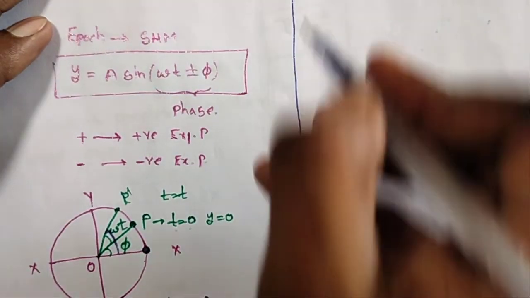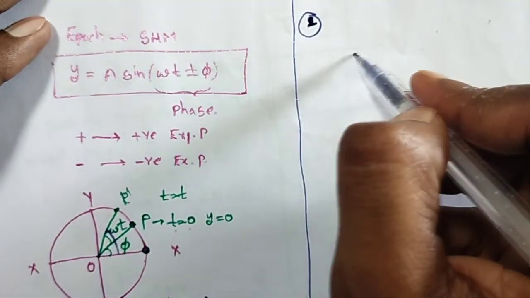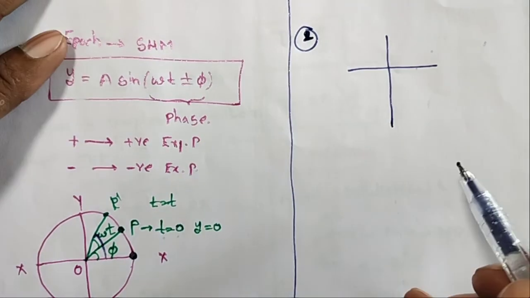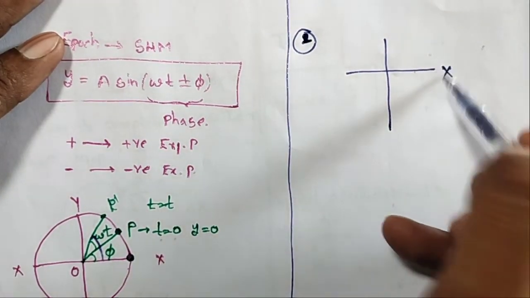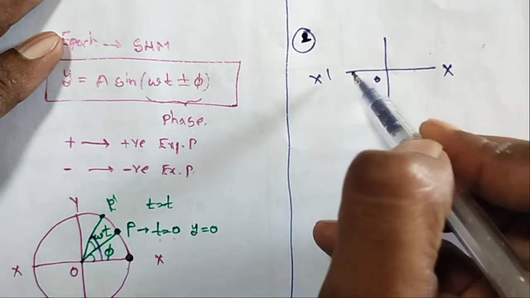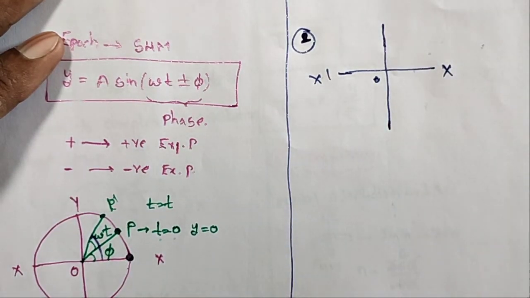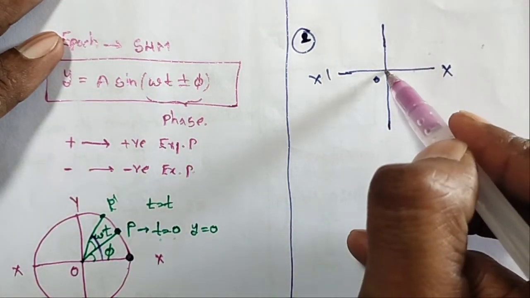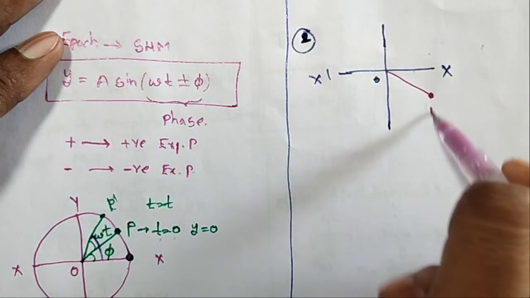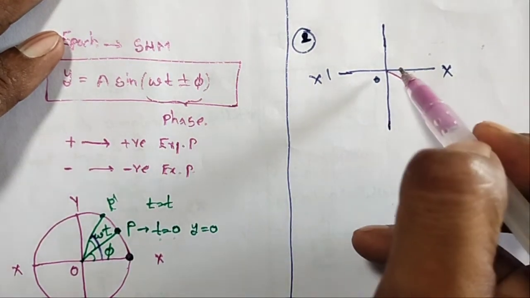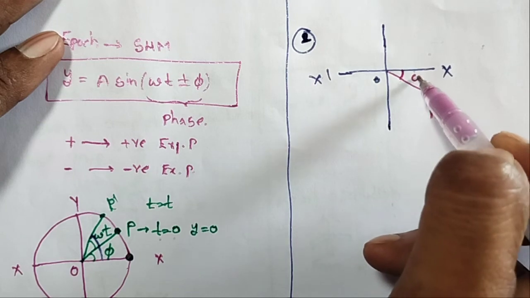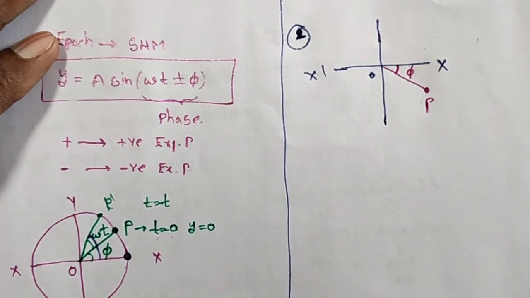Suppose, second case, the particle is moving here along x o x dash. The particle is starting at this position. Now I am taking the particle at this position. What is the initial phase? Phi is the initial phase.